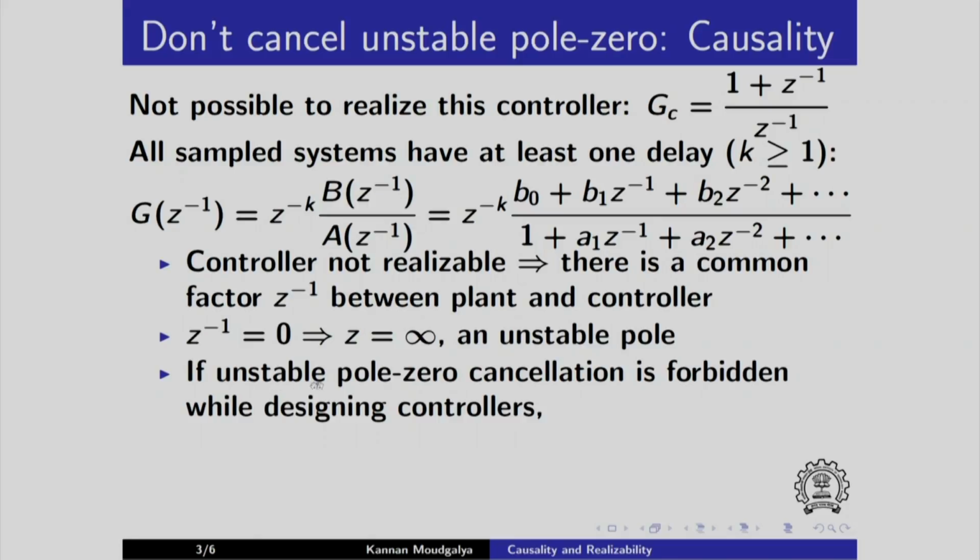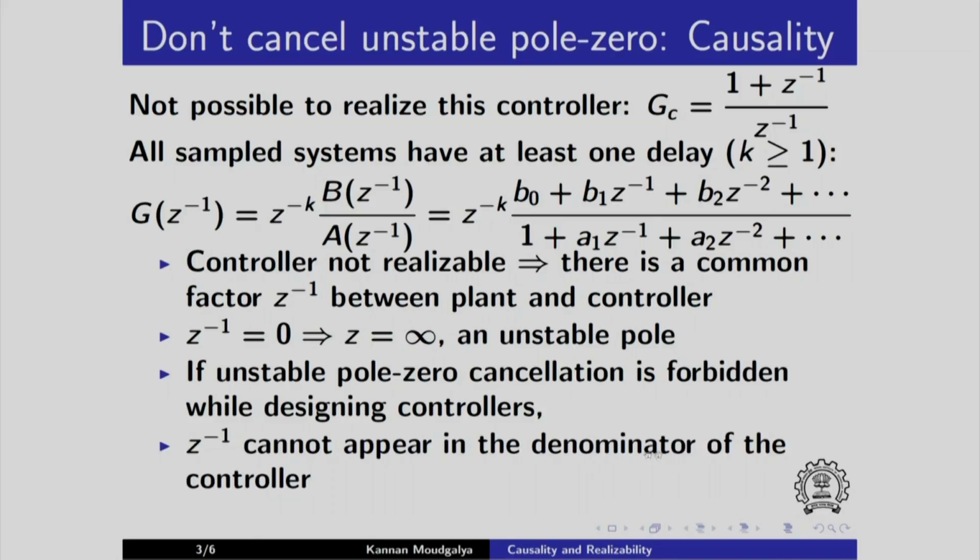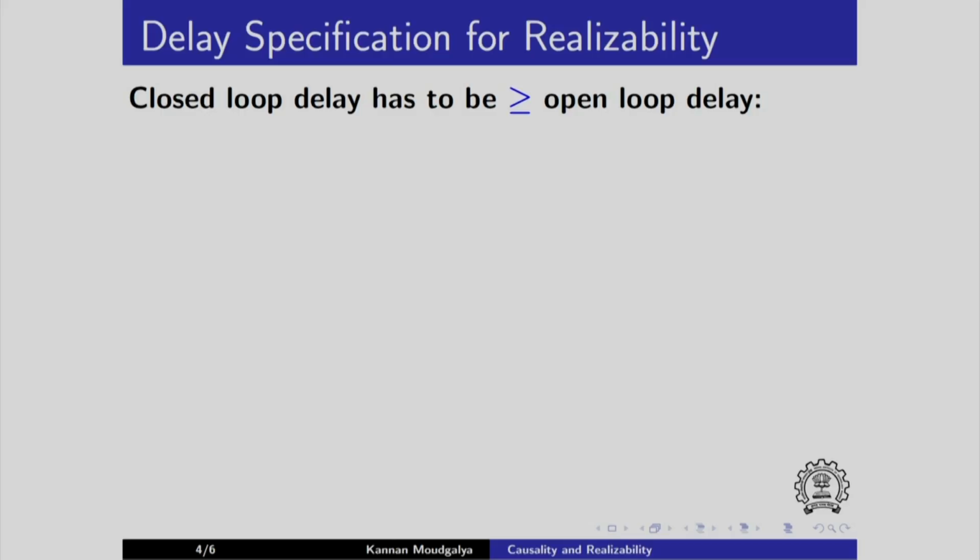So if we forbid unstable pole zero cancellation, then we would not have had a Z power minus 1, because there is definitely one Z to the power minus 1 because it is a sample system. If this cancellation is forbidden, Z inverse cannot appear in the denominator of the controller, and hence the controller becomes realizable.